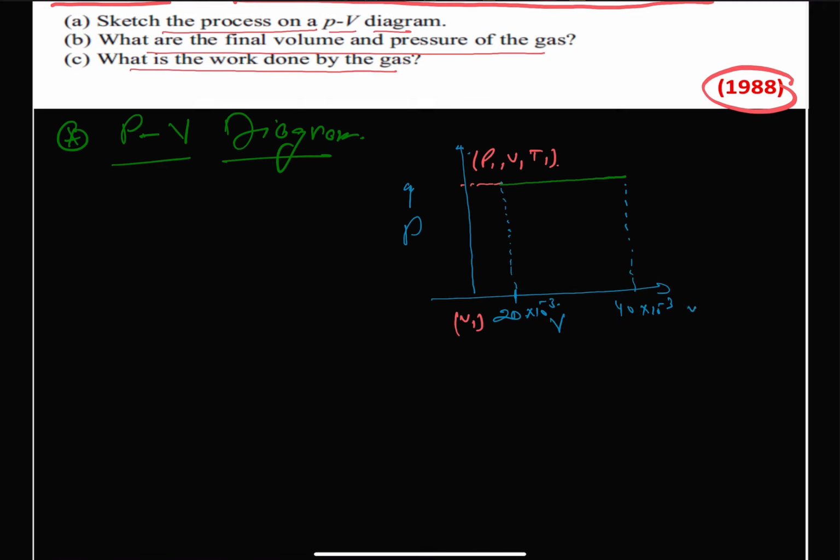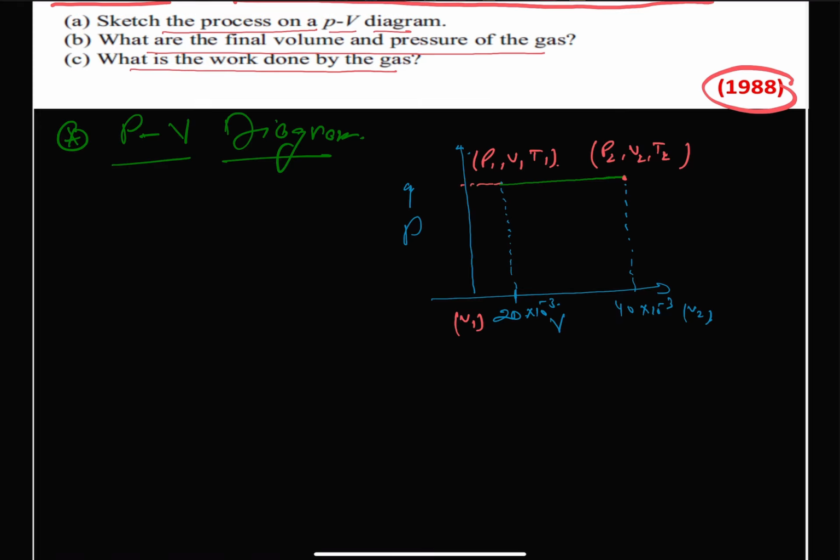Let us call this V2. No doubt the pressure will be the same, but to make a slight differentiation, we are going to call this pressure P2, volume V2, and temperature T2. Pressure will be same, P1 is equal to P2, but only to differentiate.